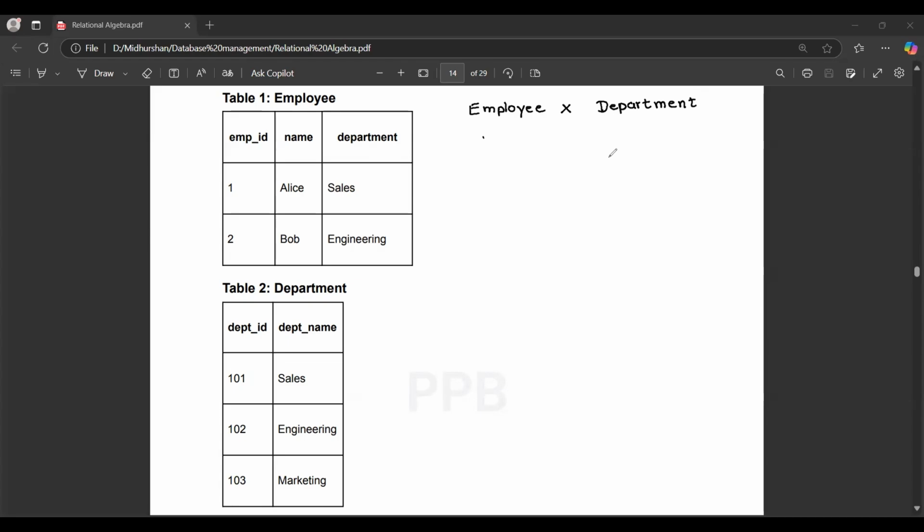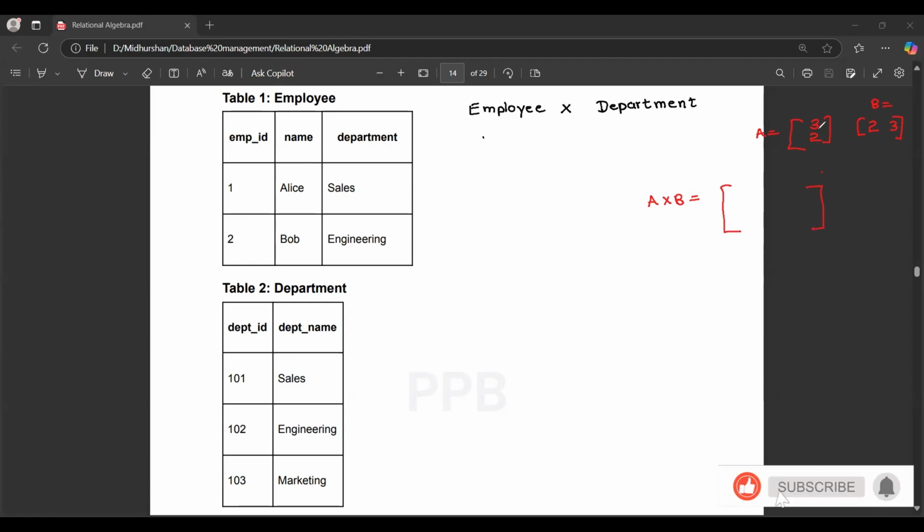So what happens here? It's like the multiplication process in matrices. Let's say you have something like 3 comma 2, and something like 2 comma 3. Let's say the first is A and the second is B. If you multiply A into B, you multiply rows by columns.